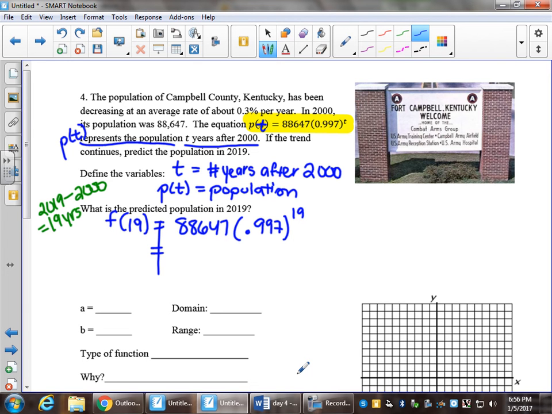And I got 83,728. Technically 0.257, I round to 3 decimal places. We can't have decimal people. So the real world meaning is 83,728 people.